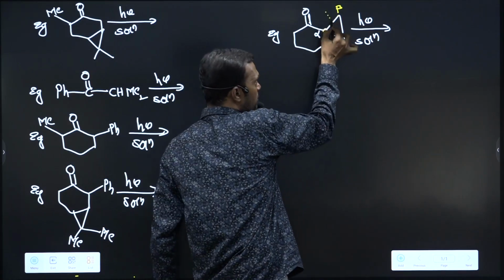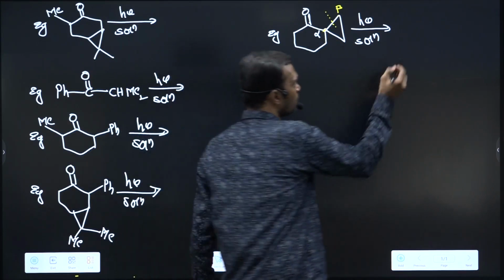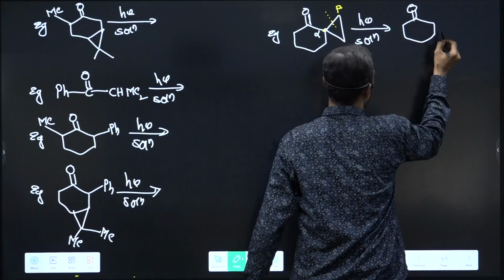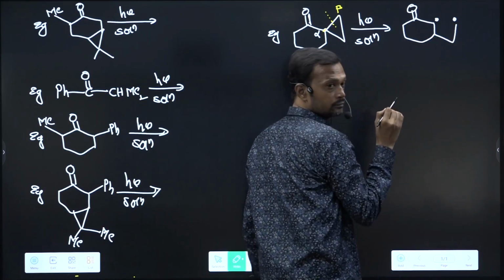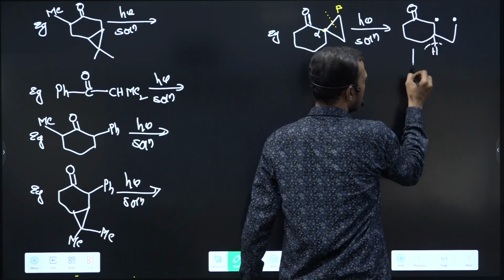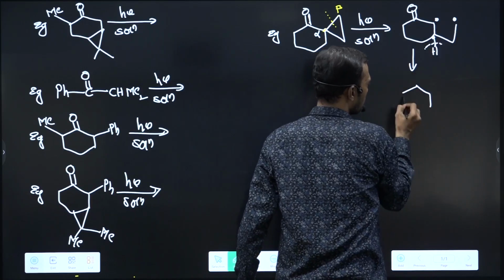First cleavage takes place at the beta bond. So first the beta bond is going to cleave. After cleavage of beta, you will get a radical. Then see, here one more beta hydrogen is here, break this. Now this hydrogen migrates from here to this radical, and you will get a double bond.